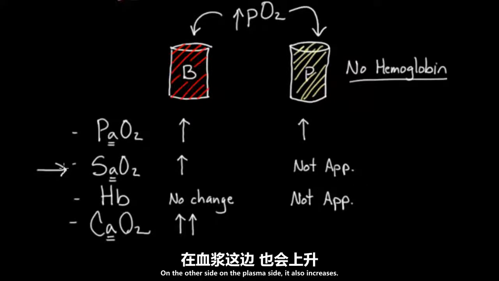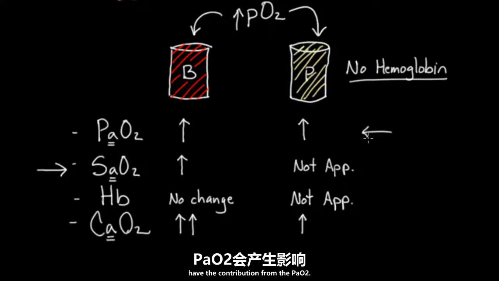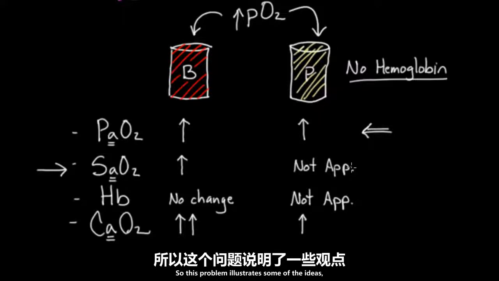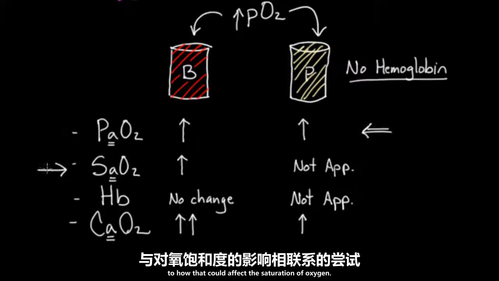On the other side, on the plasma side, it also increases, but only a little bit, because here you only have the contribution from the PaO2. You have no contribution from any of the oxygen bound to hemoglobin because, again, there is no hemoglobin. So this problem illustrates some of the ideas, specifically around trying to tie in an increase in the partial pressure of oxygen to how that could affect the saturation of oxygen.